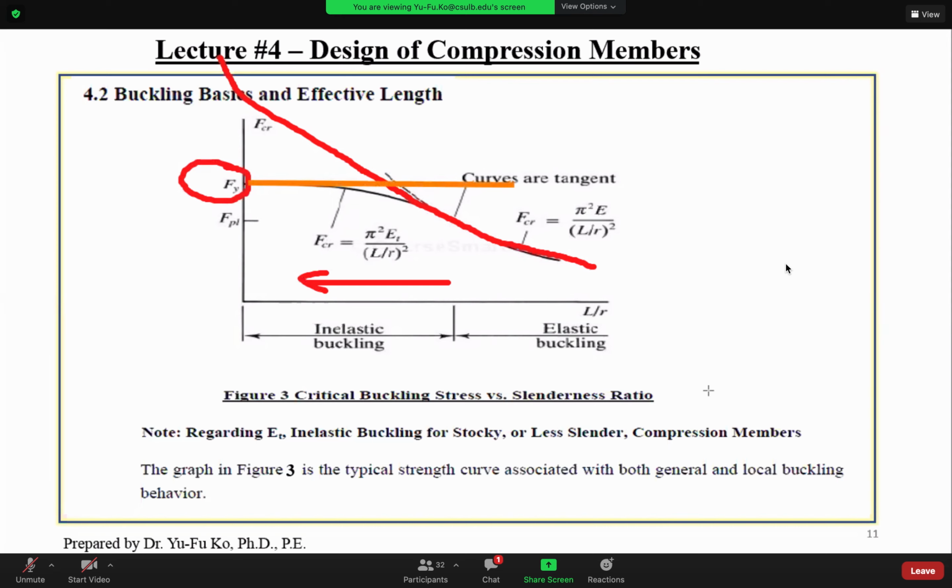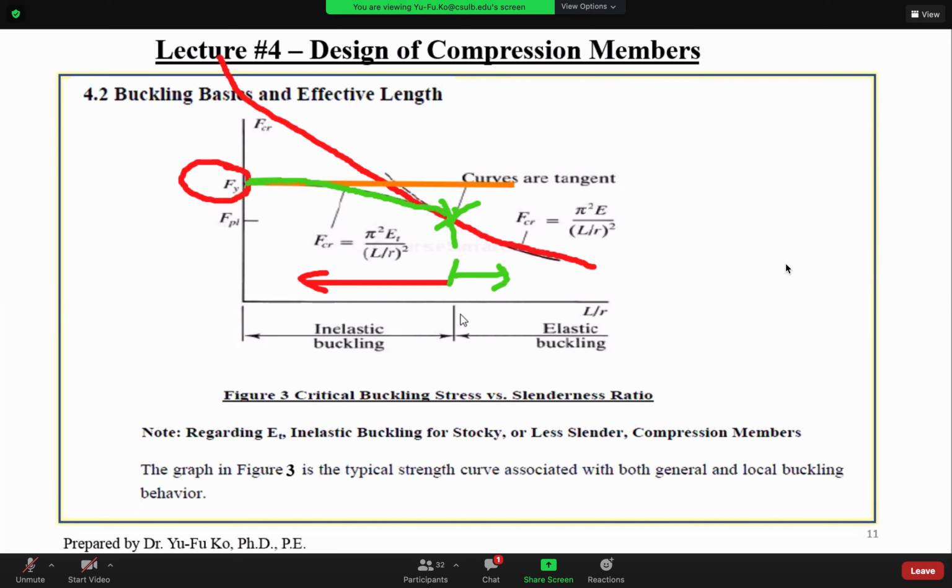Then, for design purposes, the specification creates a transition from Fy to the point where you can continue to use Euler's equation when you reach a certain slenderness ratio.